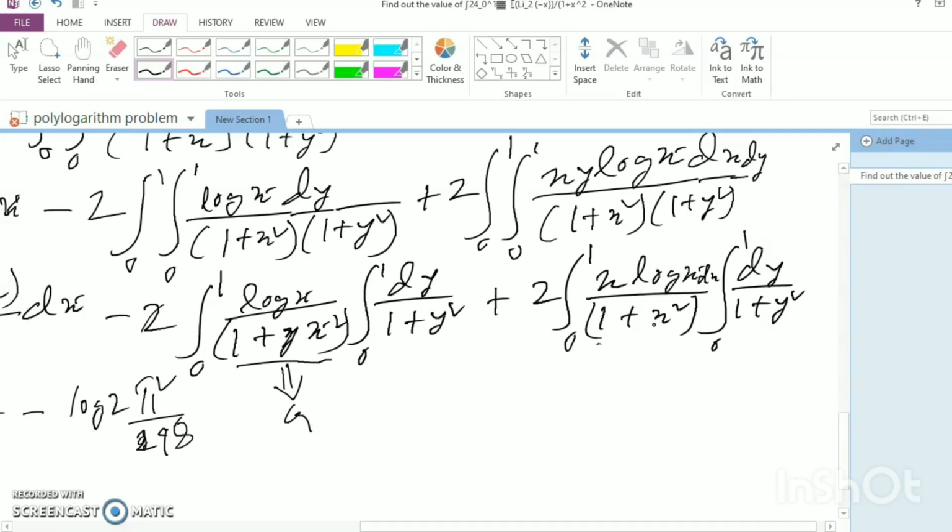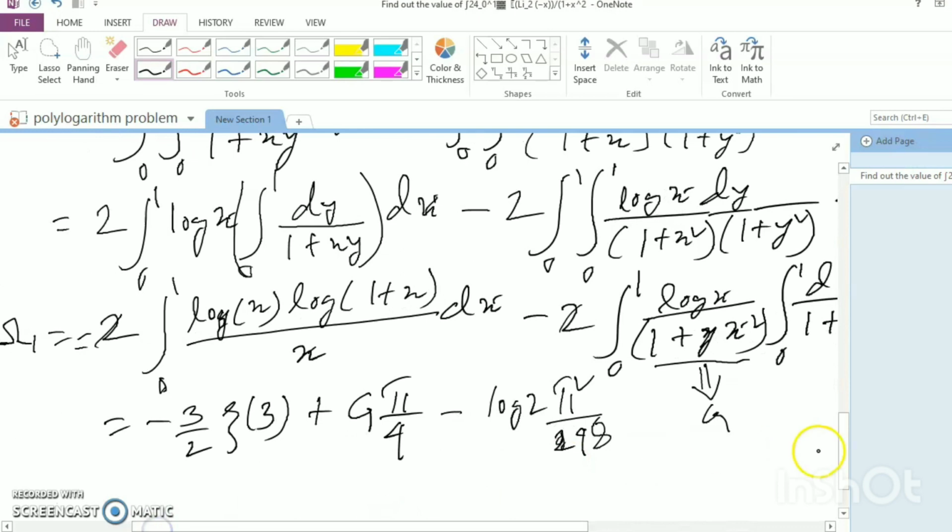Taking x square equal to t, and putting it in, this value is pi square by 48, because the integral of log x divided by 1 plus x from 0 to 1 is the eta 2 function, friends. So this value is pi square by 48.